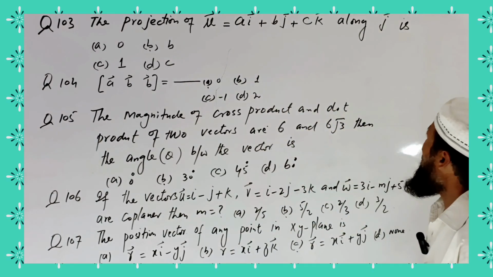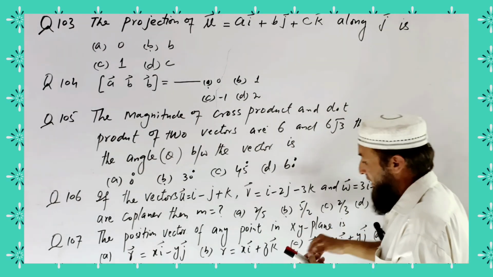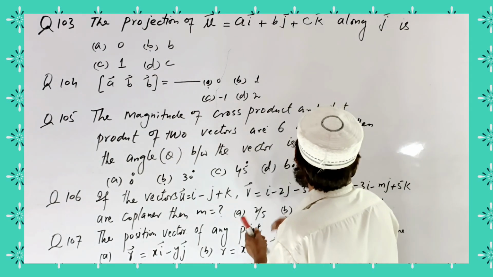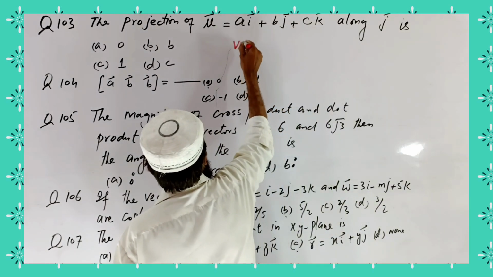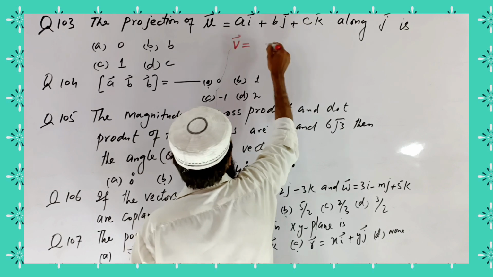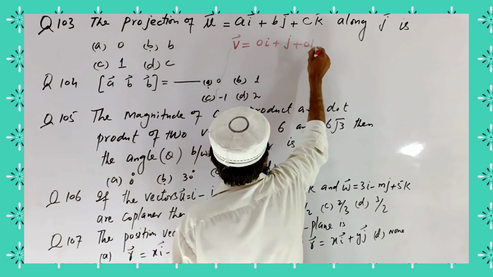So first of all, I give the name: along J, that is considered as vector V, and U is also given. We give the name V vector equal to 0i plus j plus 0k.